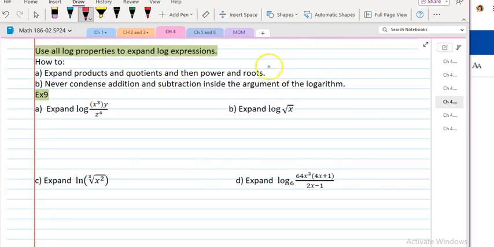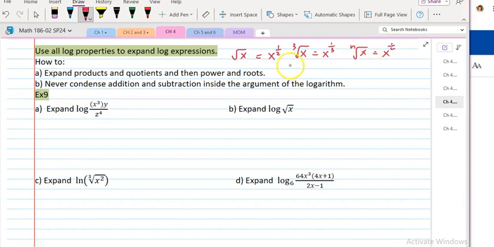Some basic things I want to mention first: rewriting roots. If someone writes square root of x, you can rewrite it as x to the power 1/2. A cube root in exponent form is defined as x to the 1/3. And all in all, the nth root of x is x to the 1/n.